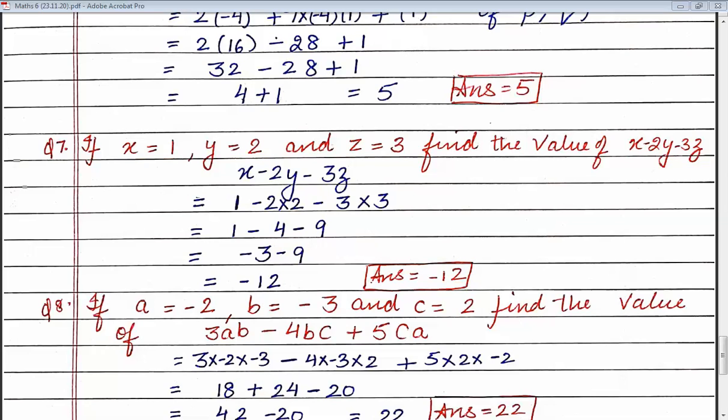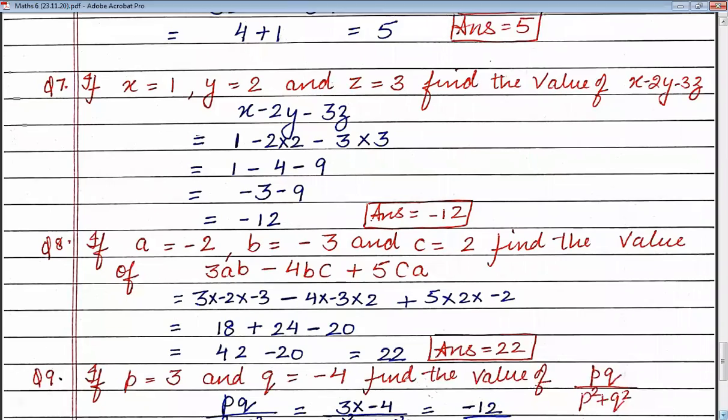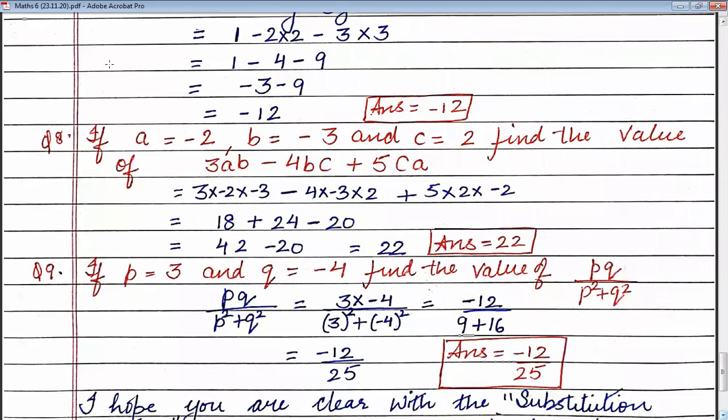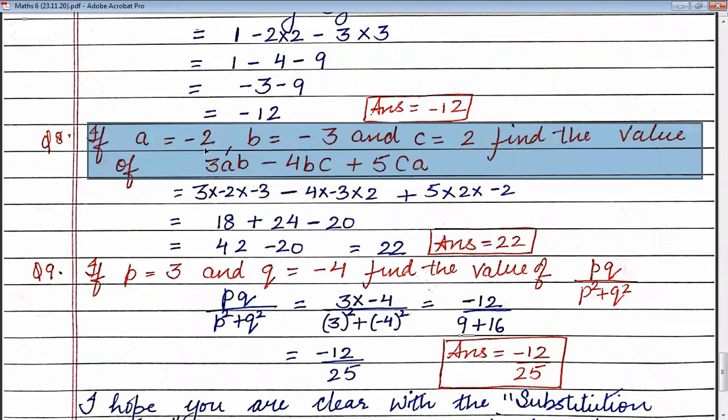Now let us move on to the, I think, last question of this exercise. No, second last. That is, if a is equal to minus 2, b is equal to minus 3, and c is equal to 2, find the value of 3ab minus 4bc plus 5ca.